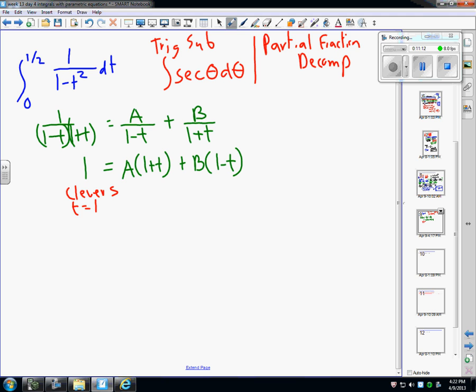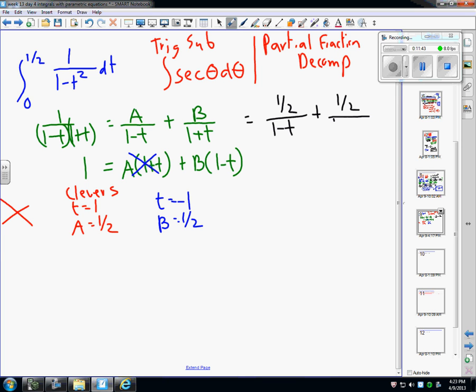I can say t equals 1, which would eliminate the B, and I would just have A equals 1/2. Okay? And I could also do t equals negative 1. And negative 1 would eliminate this guy, and that would make B equal to 1/2. So this whole thing is (1/2) over (1 minus t) plus (1/2) over (1 plus t). And we're going to integrate that.